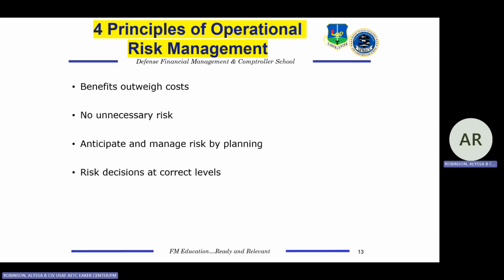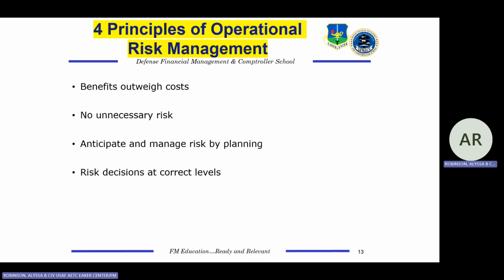So now let's move on to the 4 principles of operational risk management. To start with, we have benefits outweigh cost. An example of this is the Department of War allows us to use YouTube for training. Is there some cybersecurity risk in that? Probably.